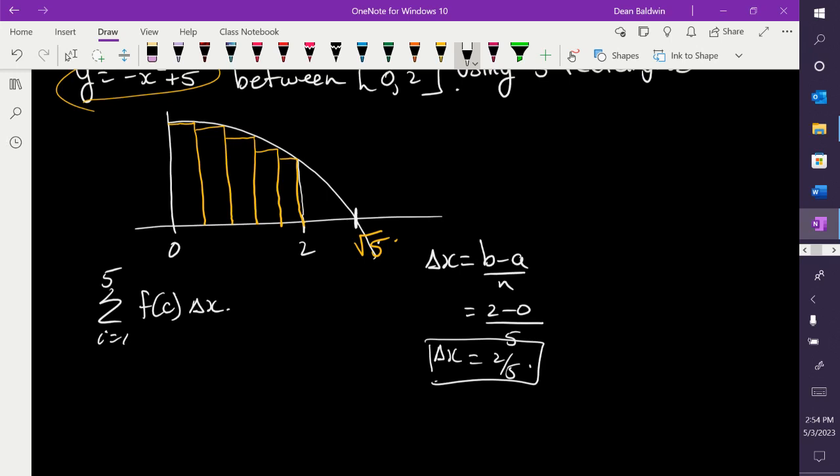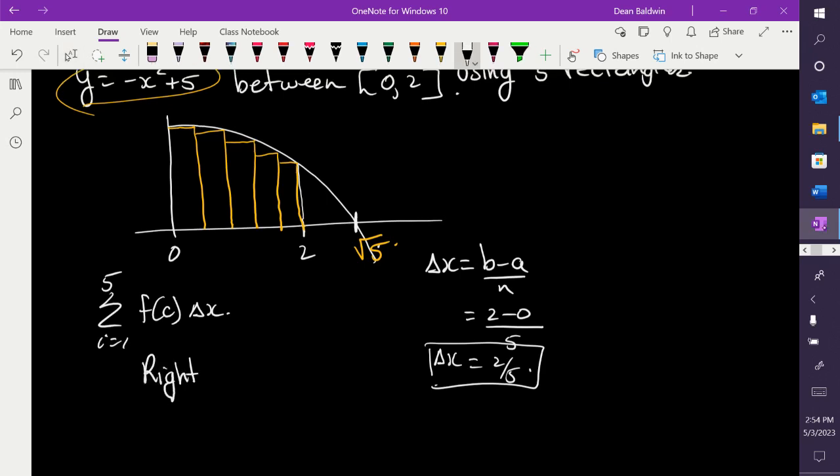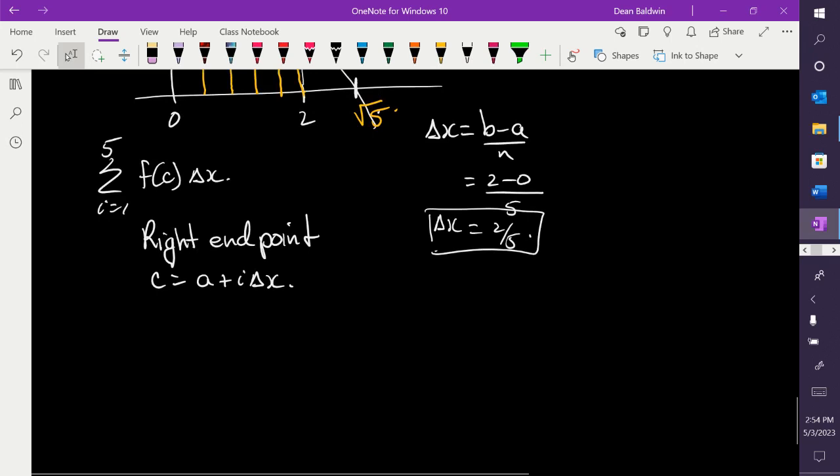Will we label that on the graph? No. We're not going to label it. We're just going to put it into the formula in a sec. And then c. What's c if we're doing right endpoint? It's a plus i delta x, right? What's our a value? 0.